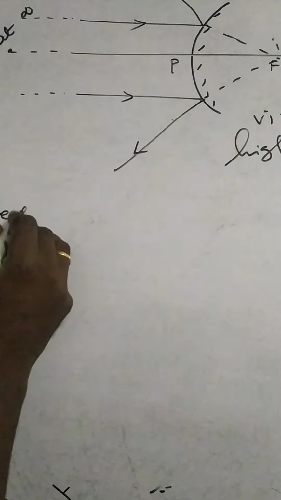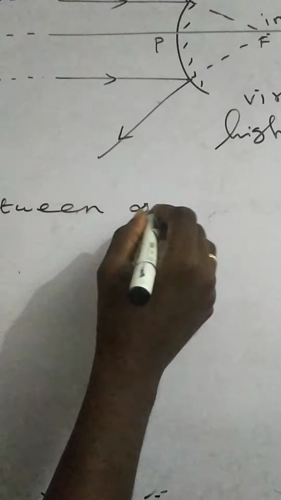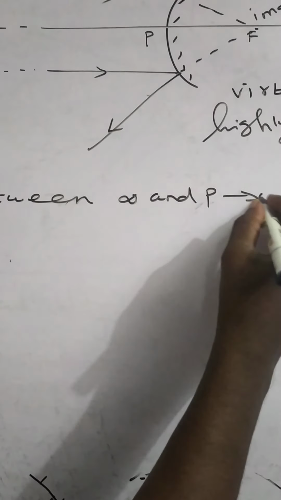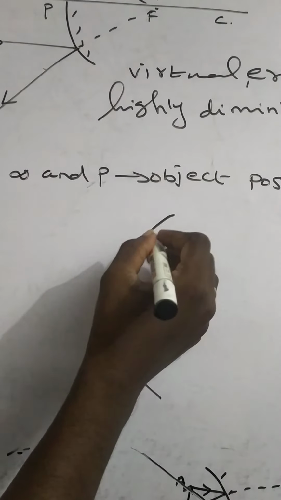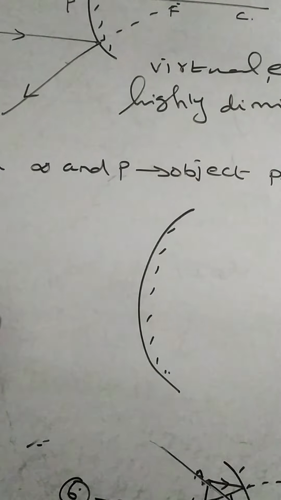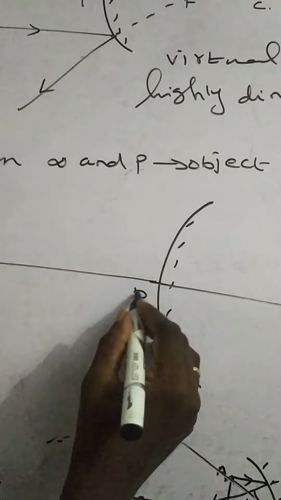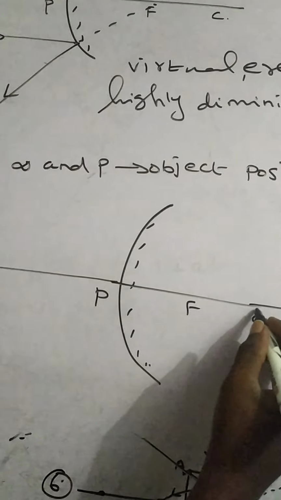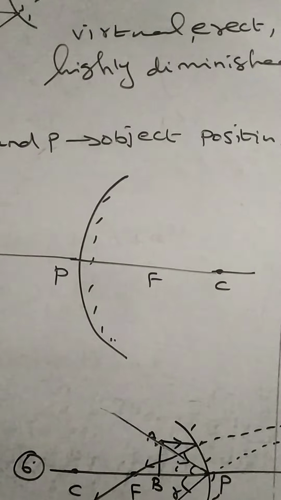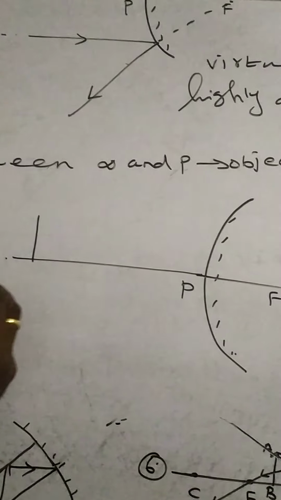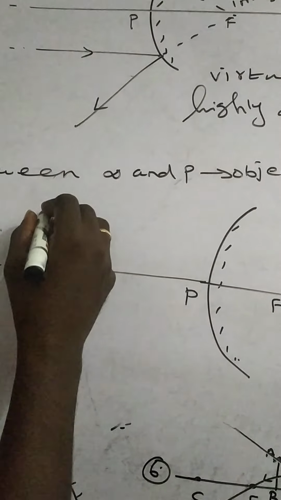And the second case, the first one at infinity, the second one between infinity and the pole of the mirror. The object is located between infinity and the pole of the mirror. This is represented as the object position. Pole of the mirror, focus, center of curvature.